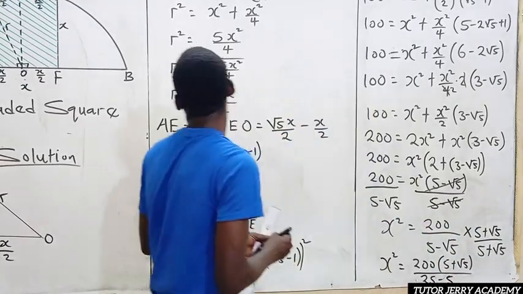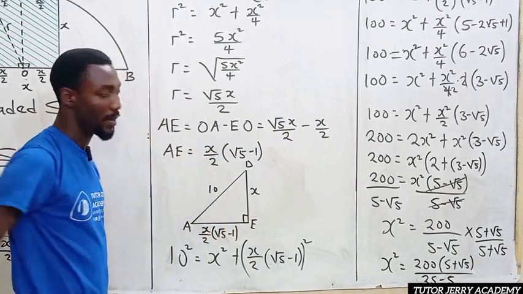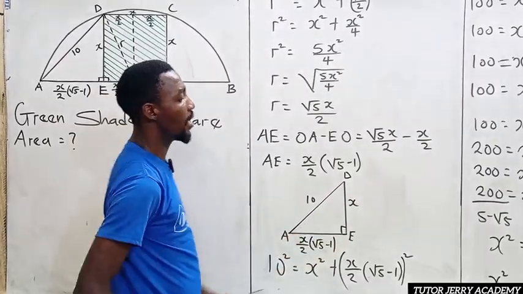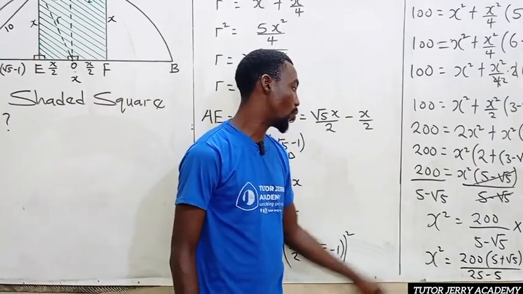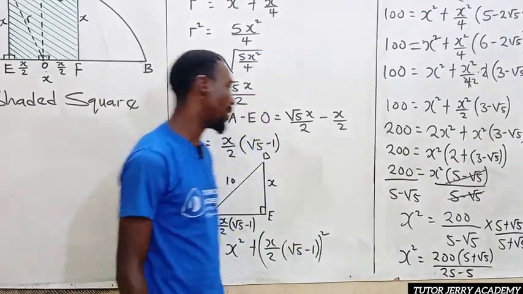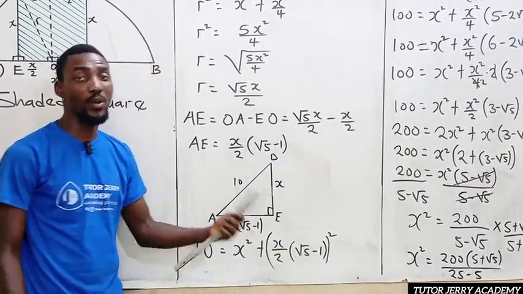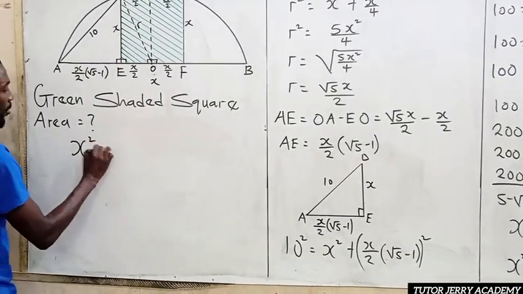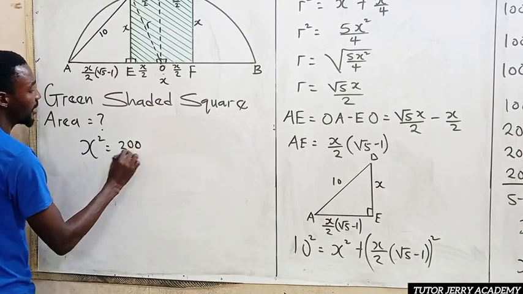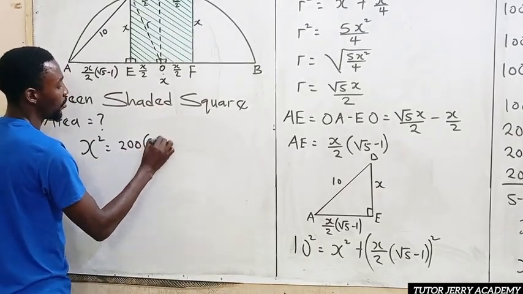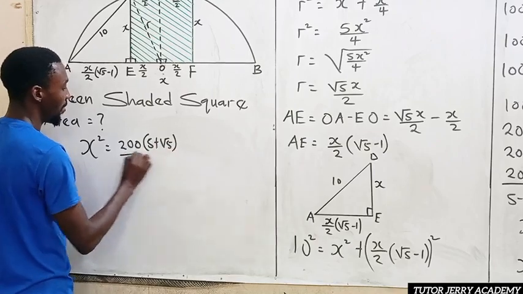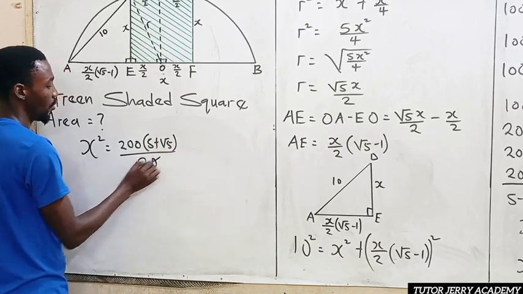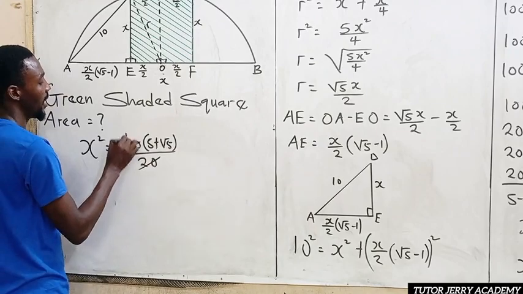Alright, so I'm going to clean this part. Alright, so now we are going to have s squared to be equals to 200 into 5 plus root 5, 25 minus 5, that is 20, right? So we are going to have s squared to be equals to 200 into 5 plus root 5 all over 20. 20 here 1, 20 here is 10.